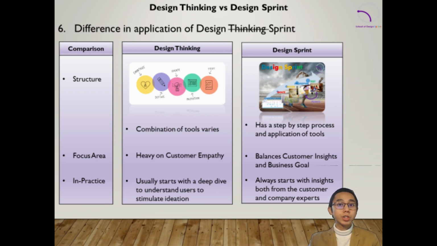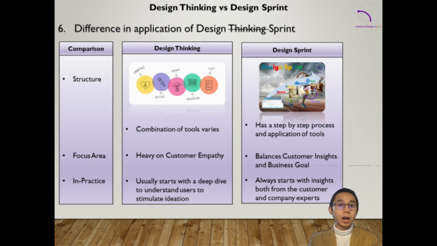Talking about structure still, design thinking is more open-ended and exploratory in its approach. The process is more exploratory and can take weeks or even months to complete, depending on the scope of the problem and the complexity of the solution.